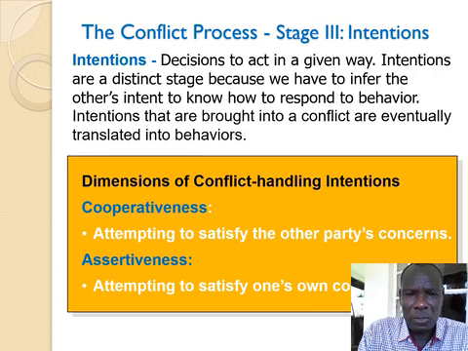You can never know one's intention. Sometimes people misunderstand others' intentions.